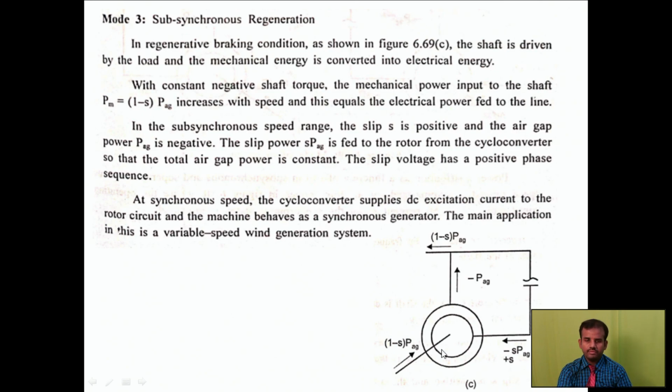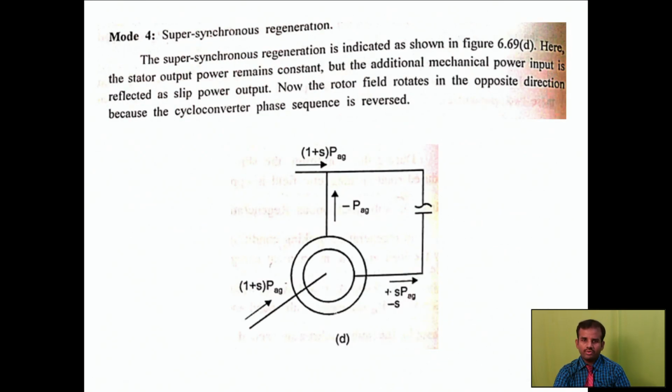Okay, and then mode 4. This mode 4 is nothing but the super synchronous regeneration mode. In this mode, the stator output remains constant, but the mechanical power input is reflected as slip power output. Here the slip is negative, and the air gap power is plus s into PAG.